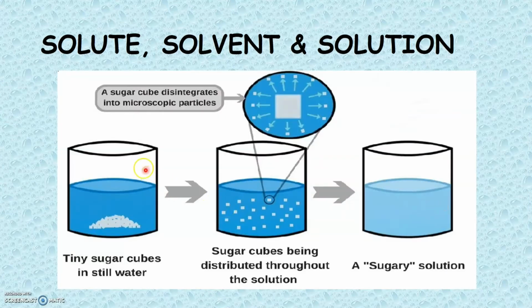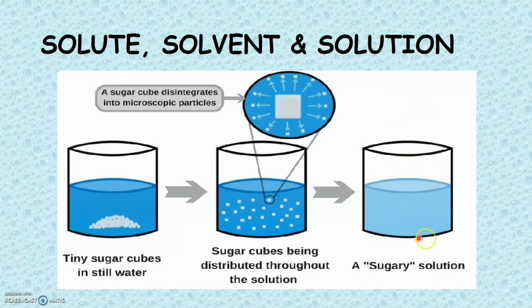As we have seen, when you add sugar into water, first it settles at the bottom. Now, when you stir it, we observe that sugar will get mixed with water like how you see here in this picture, and slowly the particles of sugar will break down into tiny particles, and these tiny particles will now spread in water and we will not be able to see these tiny particles with our naked eye.